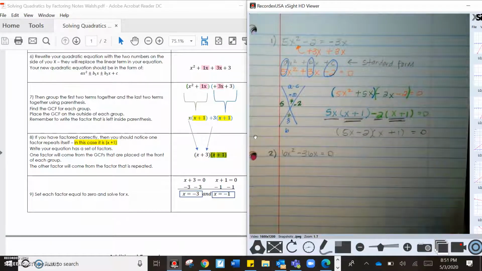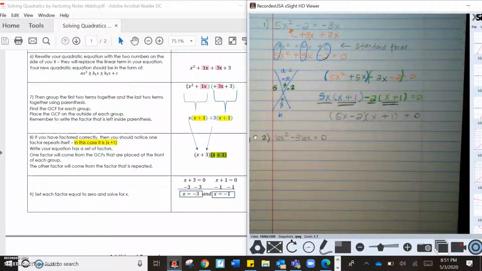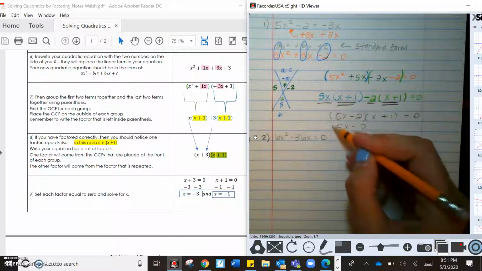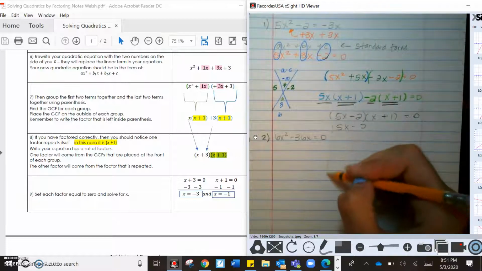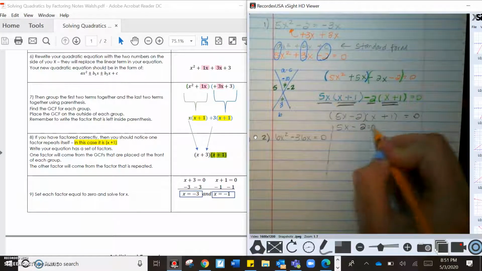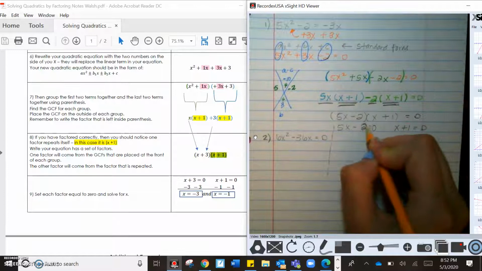We're going to set each factor equal to 0 and solve. So this is going to be 5x minus 2, looks like I didn't leave myself enough space here, that's equal to 0. And x plus 1, that's equal to 0.